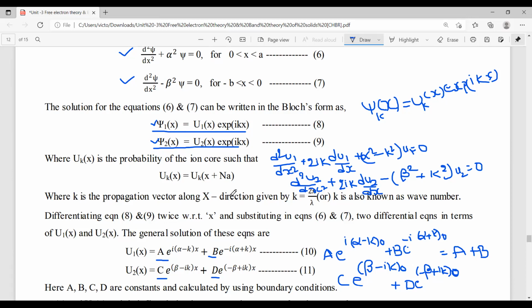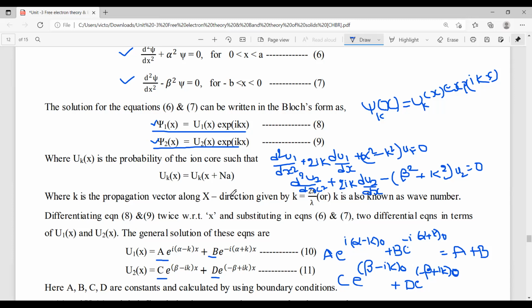Again, in the same way, equation 9: differentiate with respect to x two times and substitute in equation 7.